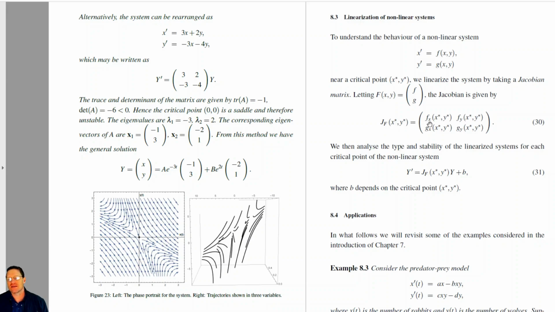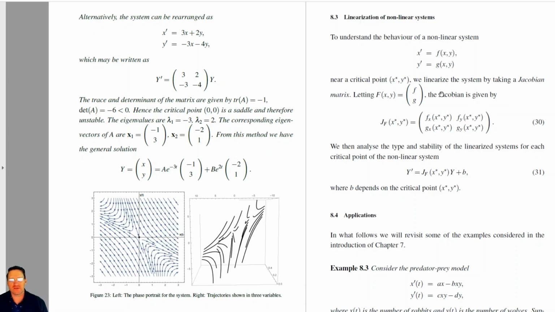Basically, these are partial derivatives here. We take the partial derivative of f with respect to x, and the partial derivative of f with respect to y. Then in the second row, we take the partial derivative of g with respect to x, and in the final entry, the partial derivative of g with respect to y.